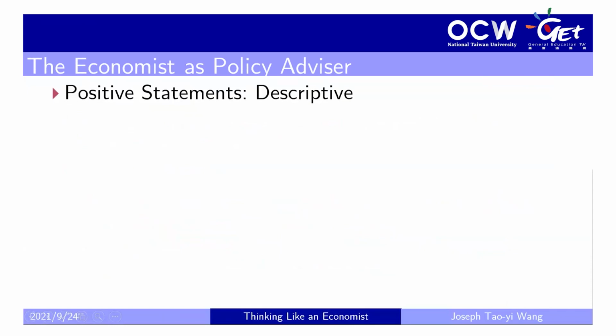Okay, so up to here we looked at economists as scientists who collect data, develop theory, test theory, and advance science. Economists would also work as policy advisors. So here we'll talk about this. We have to make the distinction between positive statements, which are descriptive, how the world works.